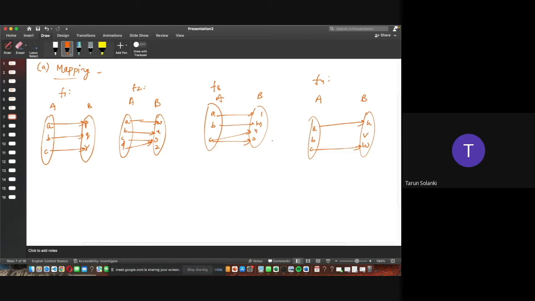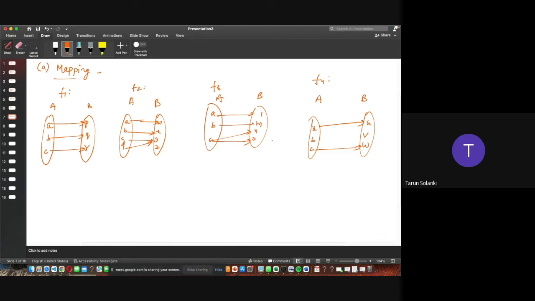And in f4, an element is not associated with any element of b, which does not follow the definition of function. So in f2, c and d are associated with the same element, which still obeys the definition of function, because it does not say that every element of a should be associated with a different element of b. So I hope now we are clear.